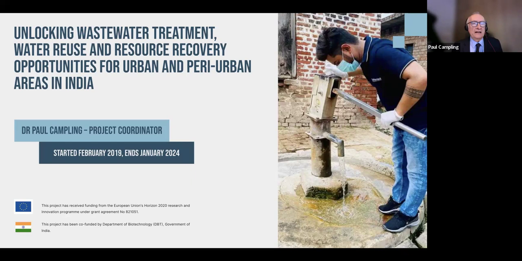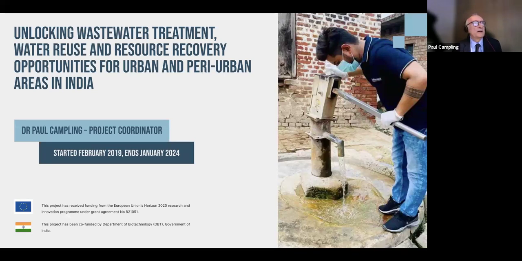But it is an important project which is funded by both the European Union and the government of India, because they really realize that water is an extremely important issue in Europe and in India and other parts of the world. So it's a collaborative project, as Rashika says, that brings like-minded scientists, engineers, and water practitioners together to look at where we can unlock the advantages of treating wastewater.